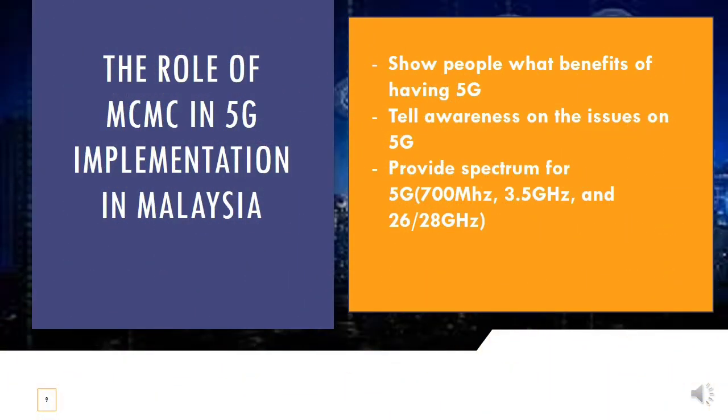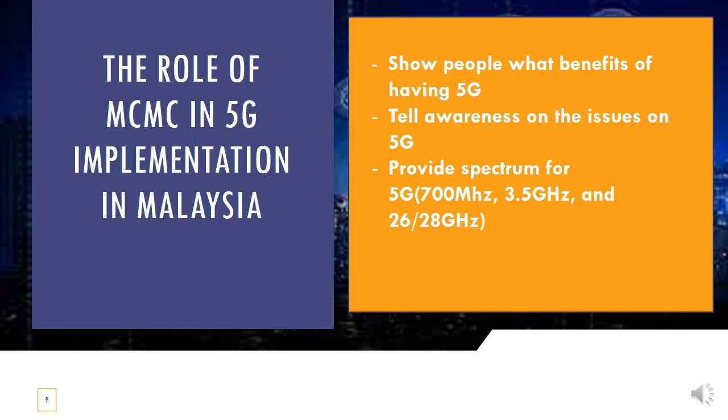The role of MCMC in the 5G implementation in Malaysia. Firstly, MCMC's role is to show people the benefit of having 5G, either in urban places or in rural places.